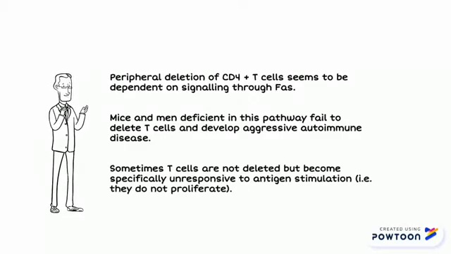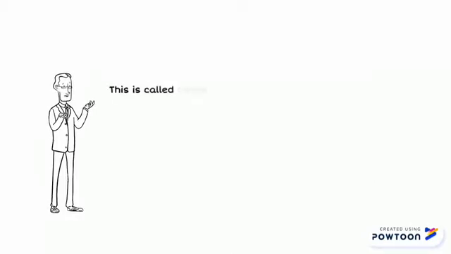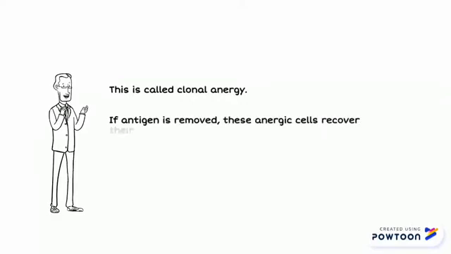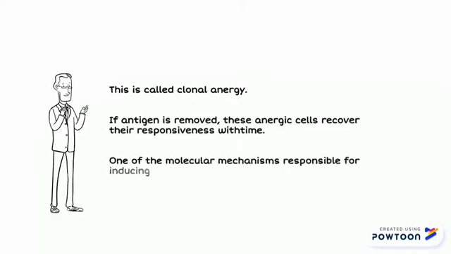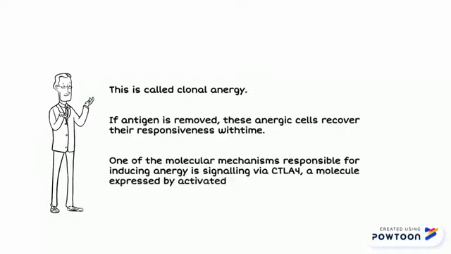Sometimes T cells are not deleted but become specifically unresponsive to antigen stimulation. This is called clonal anergy. If antigen is removed, these anergic cells recover their responsiveness with time. One of the molecular mechanisms responsible for inducing anergy is signaling via CTLA4, a molecule expressed by activated T cells.